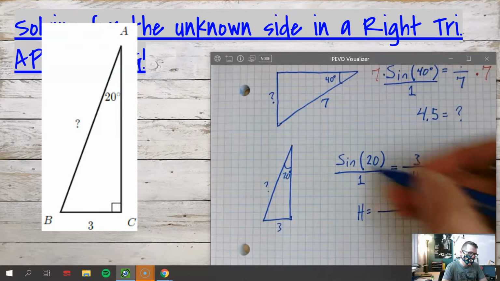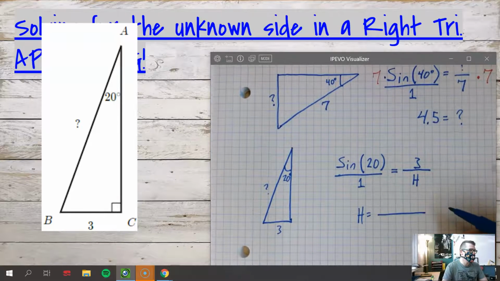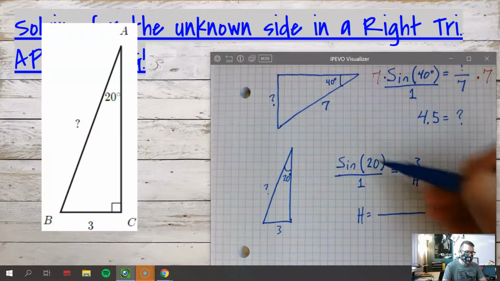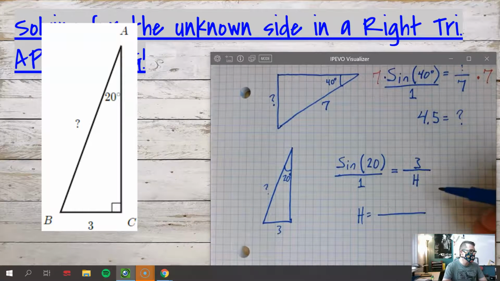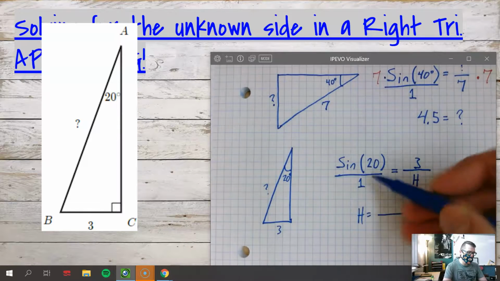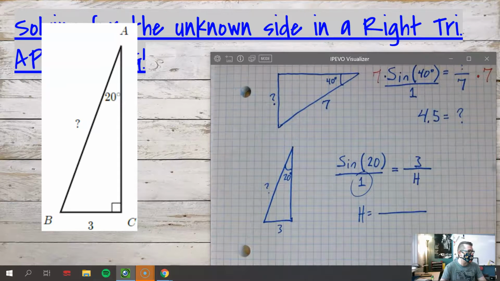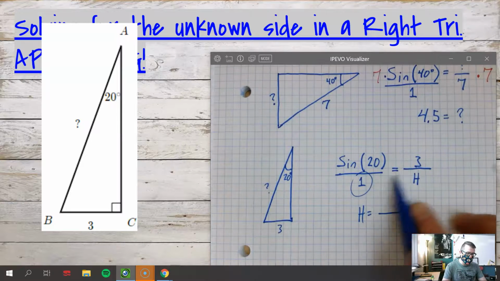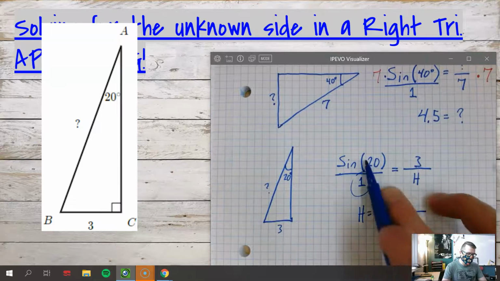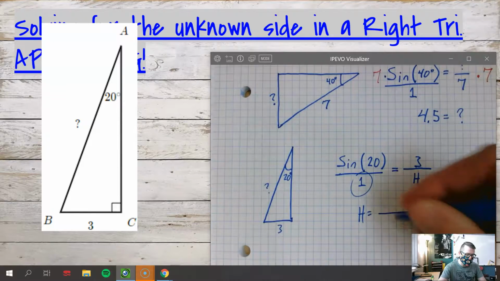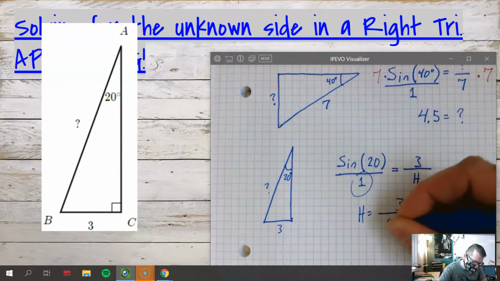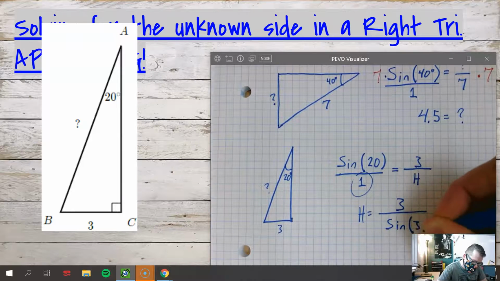They can just trade places. Because what the algebra shows us is if we have a over b equals c over d, and we want to find d, we can actually just swap these locations, and if this denominator is 1, it doesn't impact anything. So when we cross multiply this way, and this way, and then divide to solve, h is actually 3 over sine of not 30, that's 20.